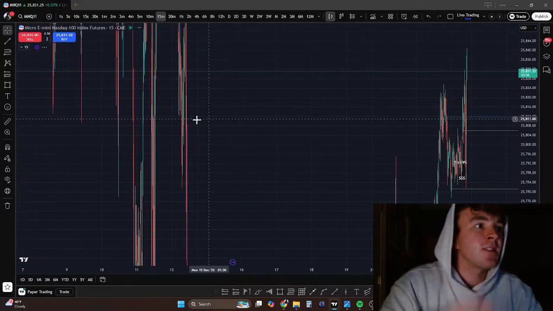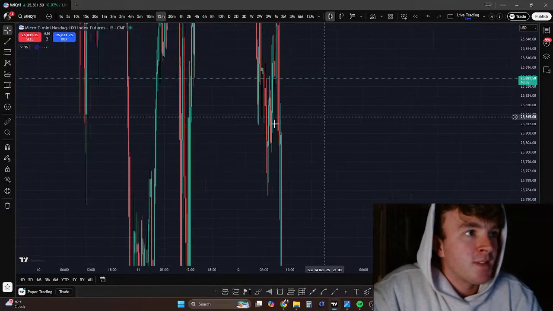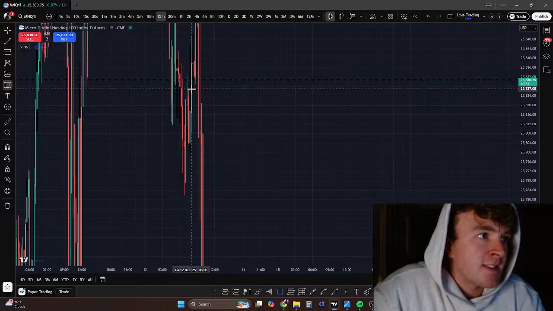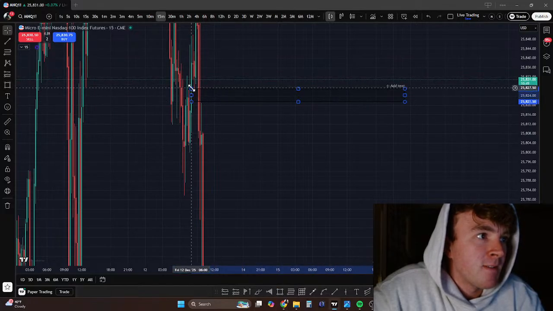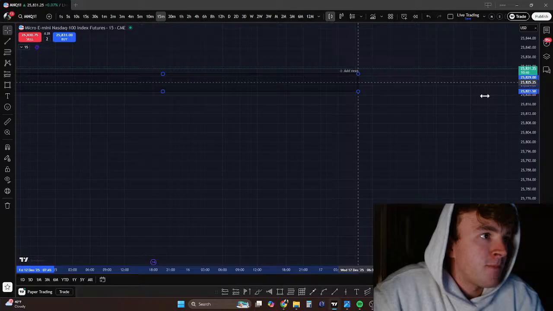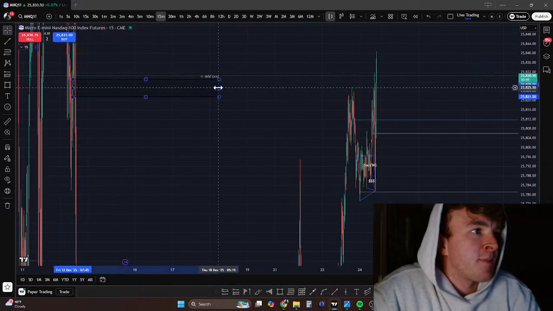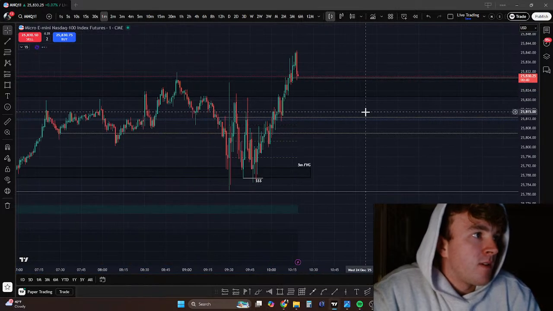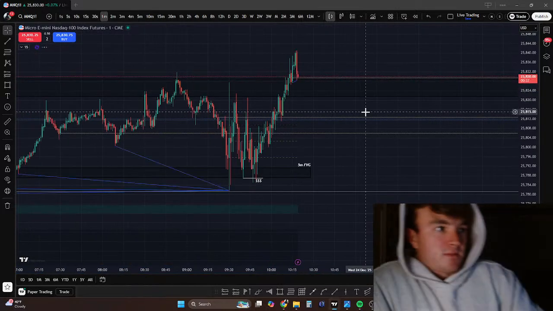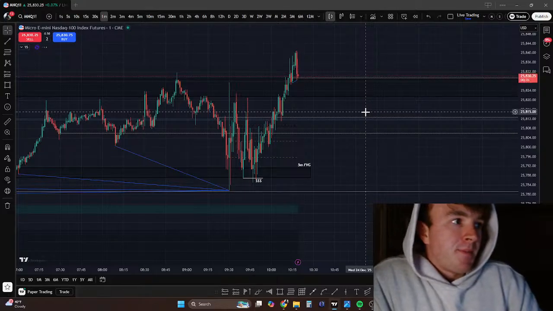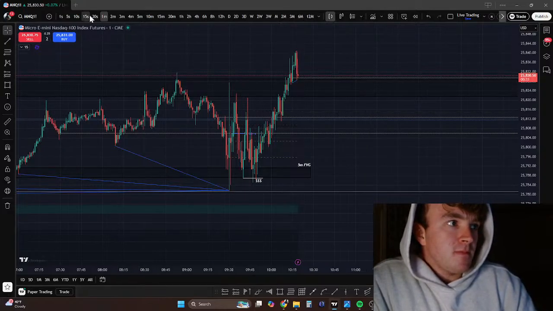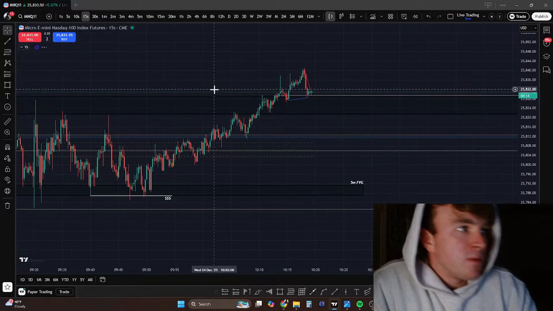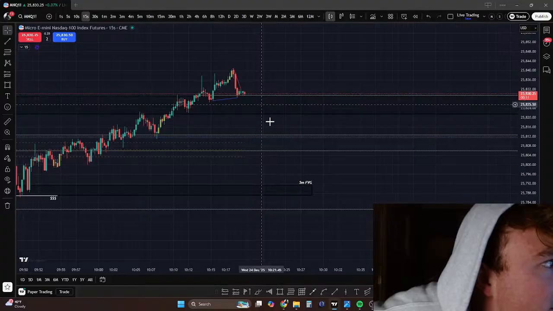Let's see if we have anything over here on the left side of the curve. Ooh, I like this gap here. That might sponsor at least something. Ooh, displacement lower.